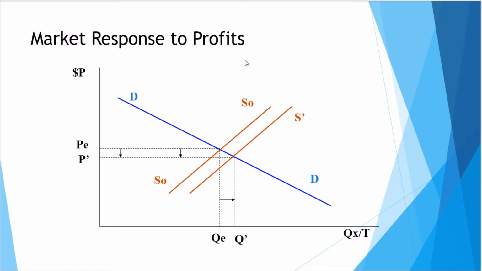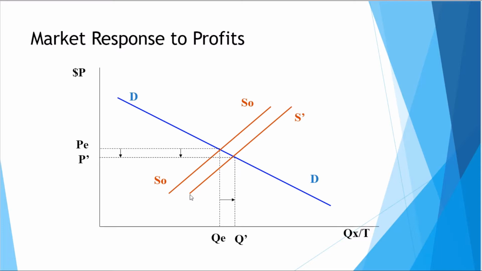to profits in a monopolistic competitive environment. So this is the demand curve for the industry, and this is the original supply curve, which is S0. So at this level of output, this was the price at which this product was selling. Now, because this was generating a lot of profit, and a lot of other people saw this as a very profitable industry, they entered this industry, and now they're making this product.